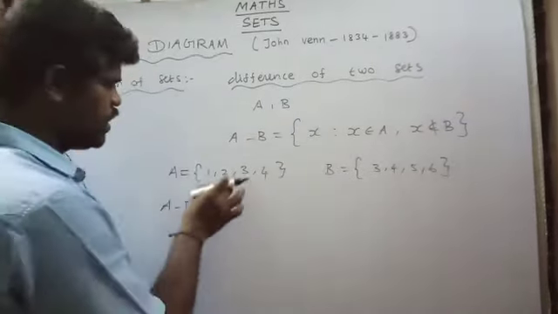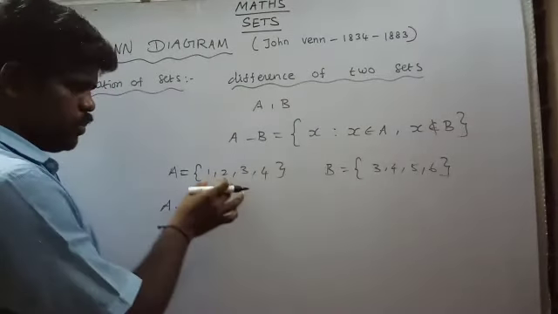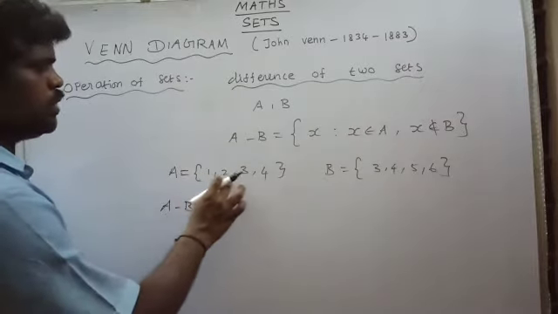Here we take the elements in A that do not belong to B. So we have a short technique. The elements 3, 4, 5, 6 are in the set B, but A has 1, 2, 3, 4.